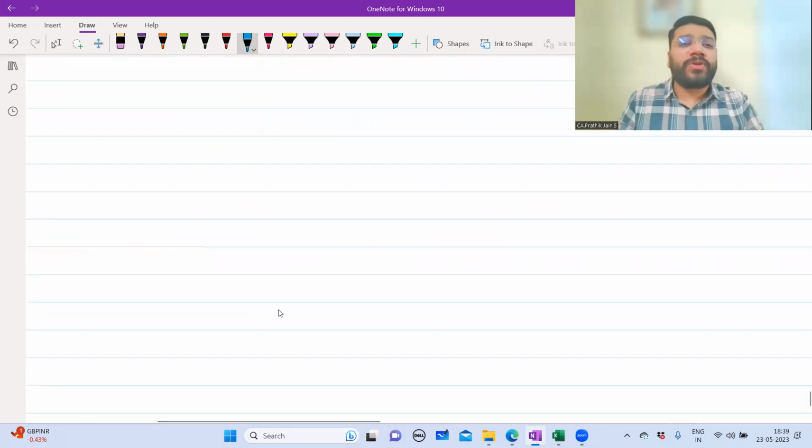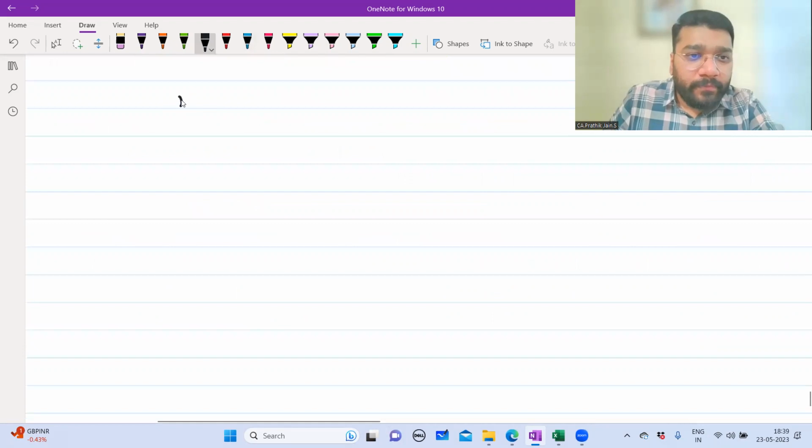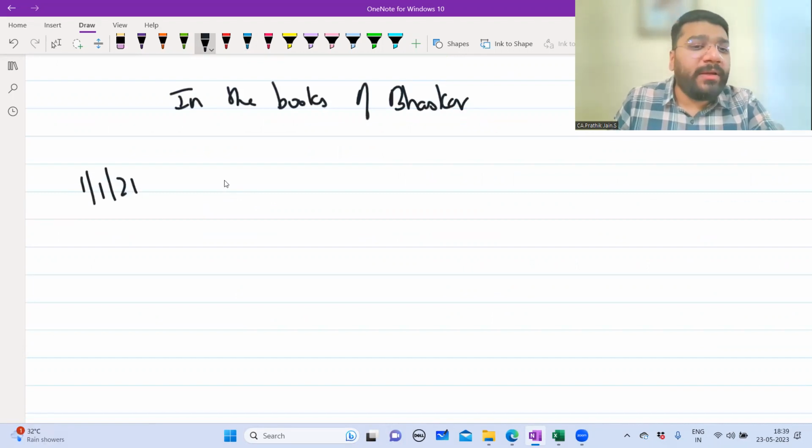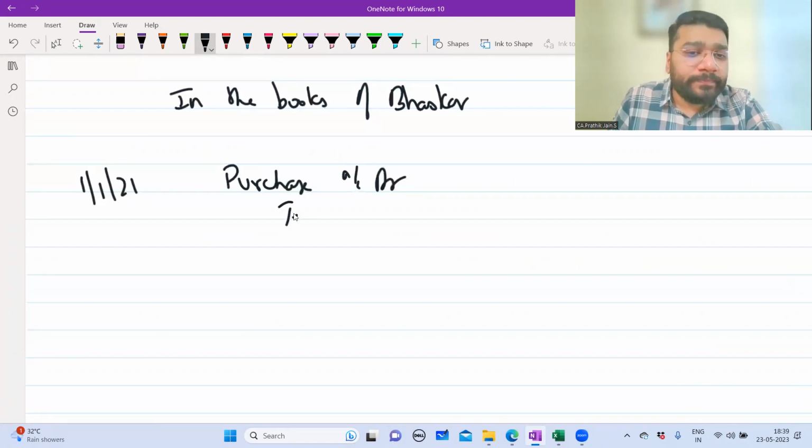Now guys, in the books of Bhaskar. Now on the date of purchase, 1/1/2021, it is purchase account debit to Amar. Amar is the unsecured creditor worth 50,000 rupees.